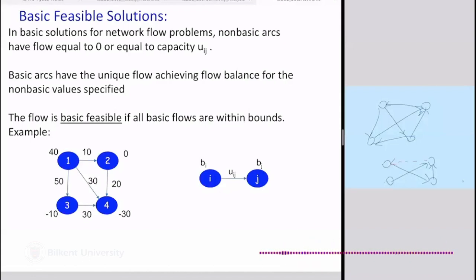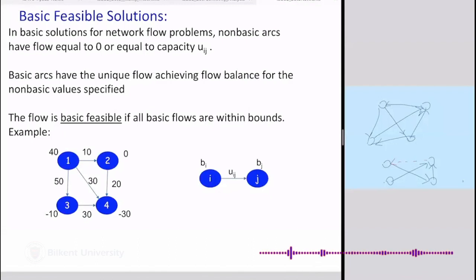If they were, if B inverse exists, then we have a basic solution. What made it basic feasible? We could calculate B inverse b, and if everything was non-negative, then this basic solution is also a basic feasible solution because it satisfies Ax equals b and also x non-negative. That was the difference between a basic solution and a basic feasible solution.